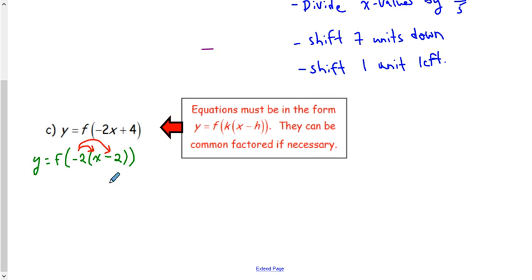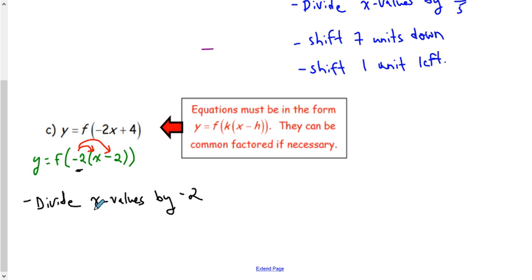So here we are. I'm going to say first I'm going to take care of this one here. So I'll divide all my x values by -2. That's going to reflect it in the y-axis and make all my x values smaller.